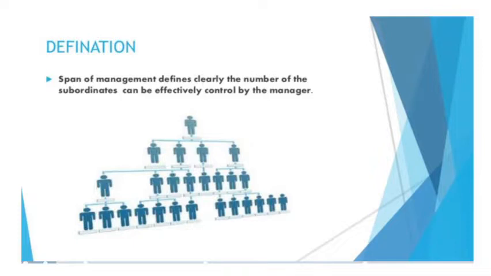These 4 people have control over 7, and these people also have control over other people. One subordinate has control of 6 people, compared with another who has only 3, and here one-to-one supervision was established.